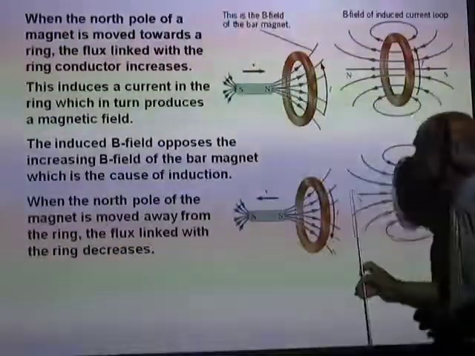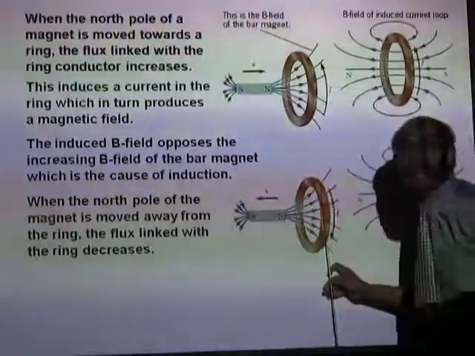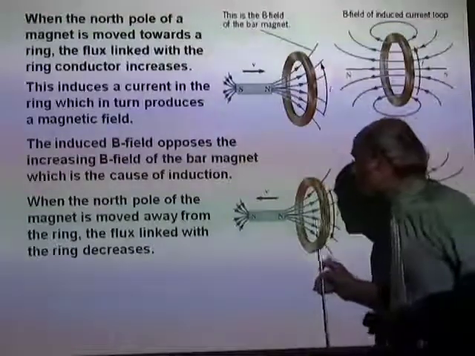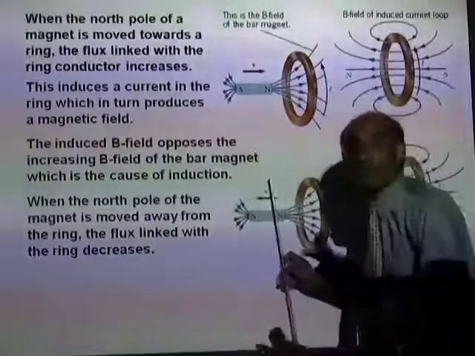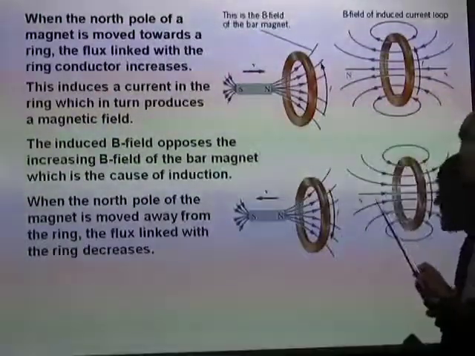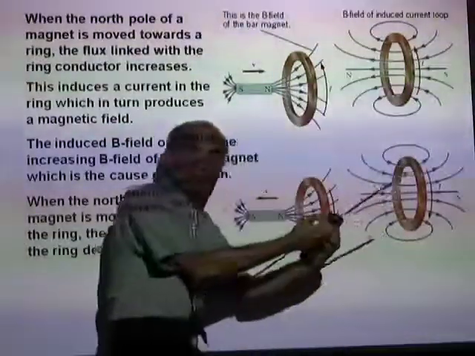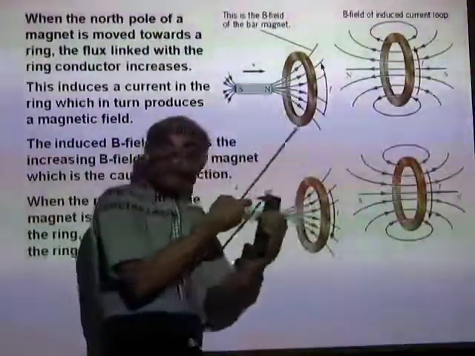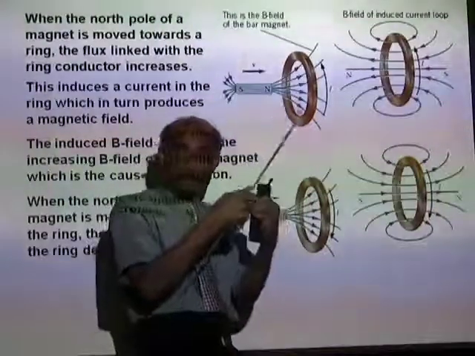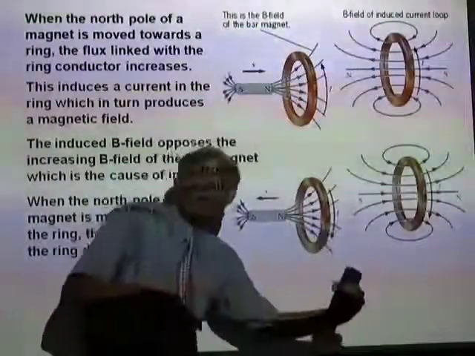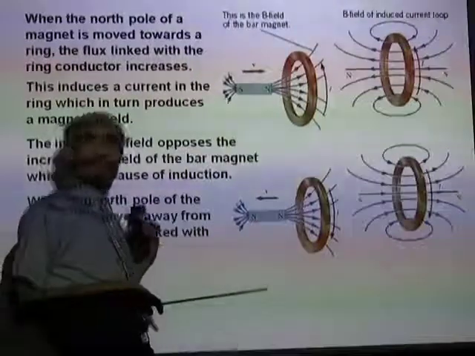Now the only way to oppose a magnetic field due to a north pole is to produce a south pole. That means if there is a south pole there, the south pole and the north pole should strengthen. That strengthening will oppose the decreasing magnetic field.